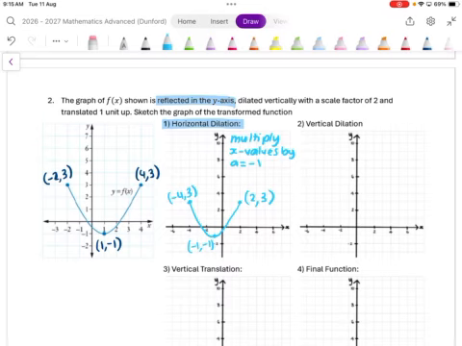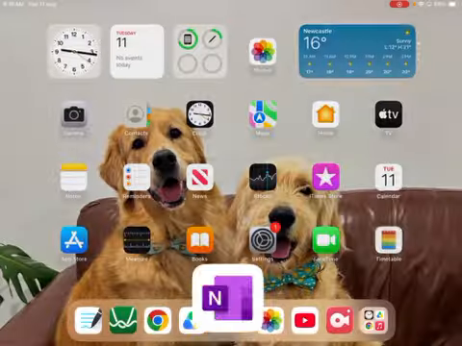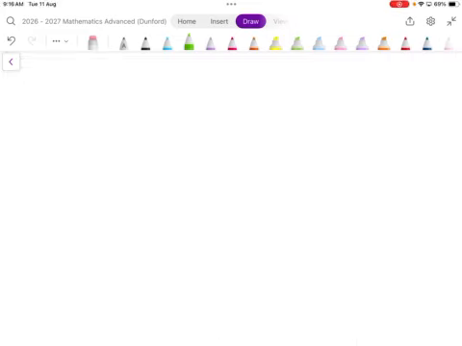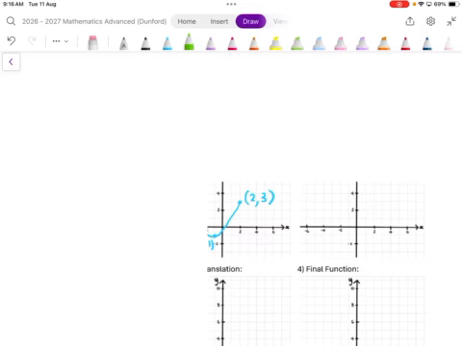The next thing it's telling us to do is that our graph of f(x) is dilated vertically with a scale factor of 2. So that's our vertical dilation, and we have our scale factor equals 2. So what that means is that k equals 2. So we are going to multiply our y values by 2, because we're talking about vertical.